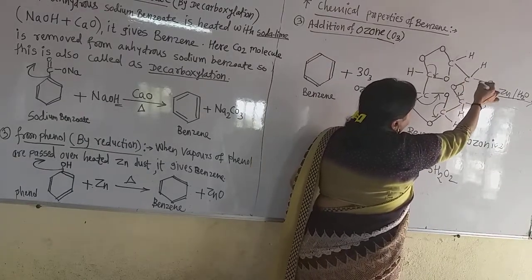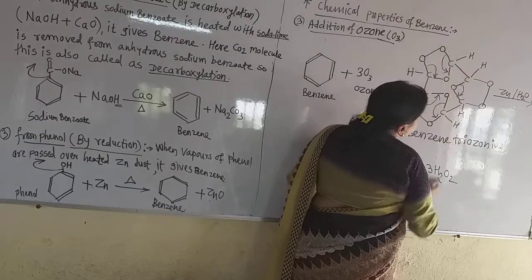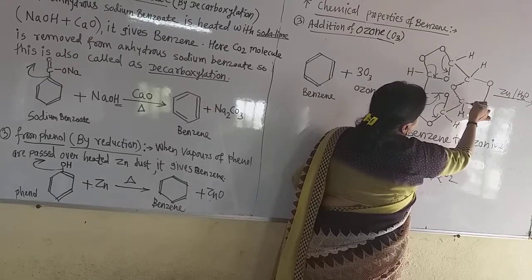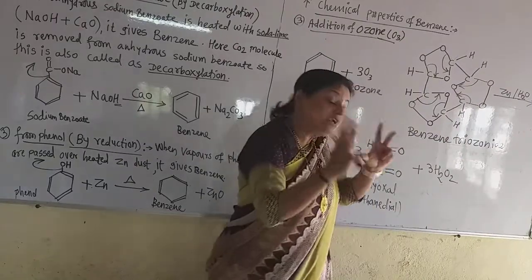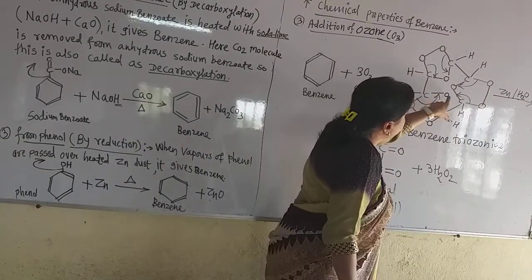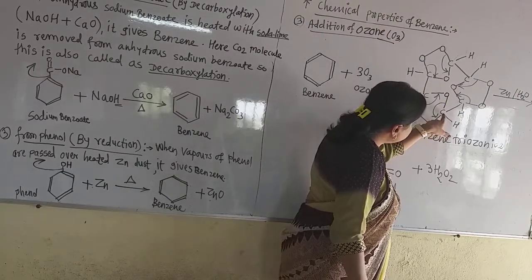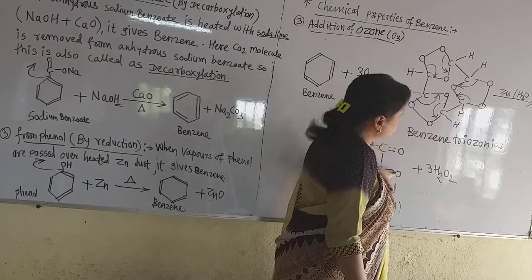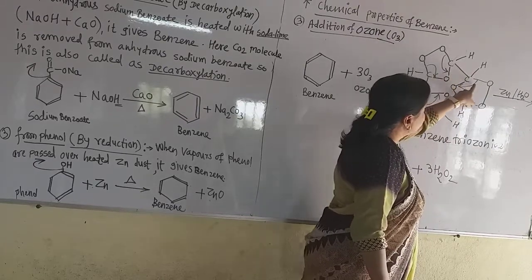In this way, it gives a double bond here, and this gives a double bond here, this gives a double bond here. That means these 3 molecules: CH double bond O, double bond O, 1 molecule; CH double bond O, double bond O, another one; and CH double bond O, double bond O.